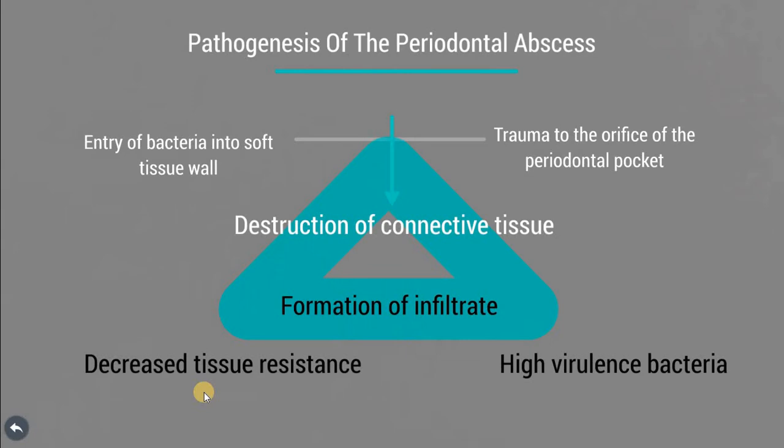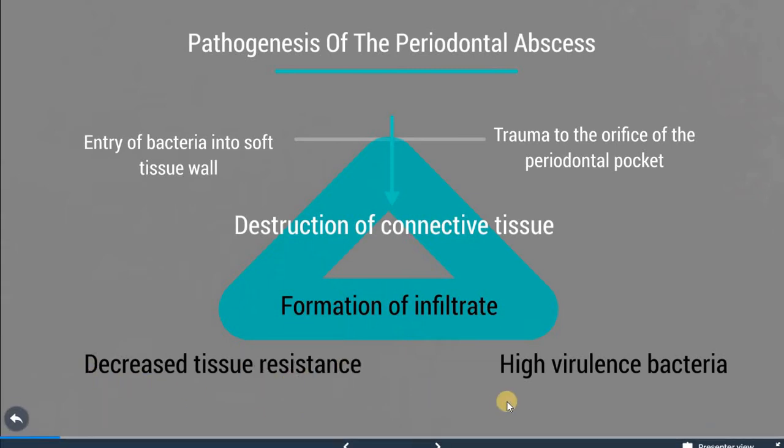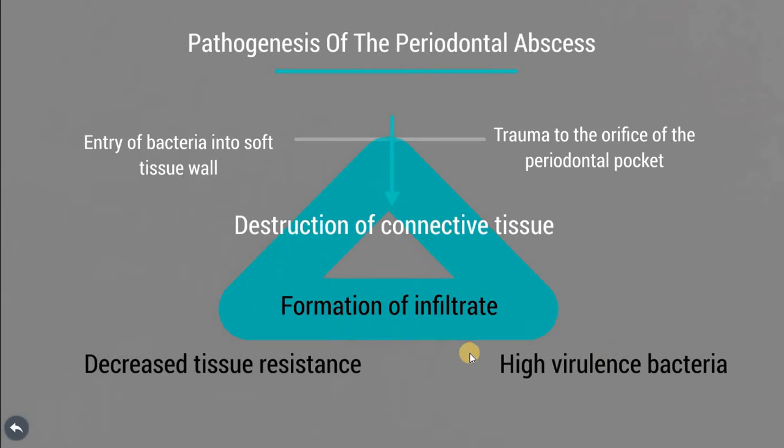The pathogenesis of periodontal abscess. We have two main factors associated with the formation of abscess: bacteria, and trauma or local irritants. We may have just trauma, or just bacteria, or both of them. Both will lead to destruction of connective tissue and formation of inflammatory infiltrate, in the presence of decreased tissue resistance and highly virulent bacteria.